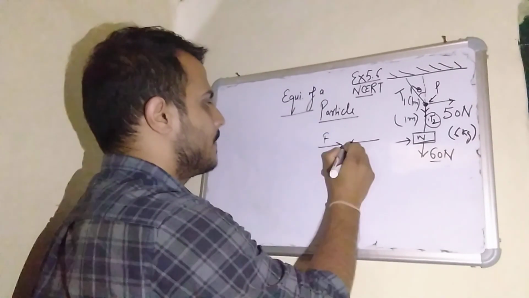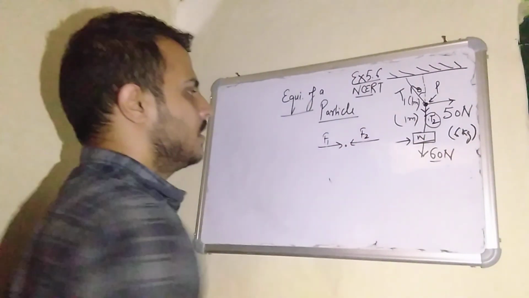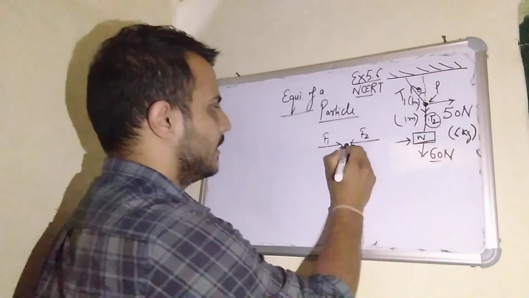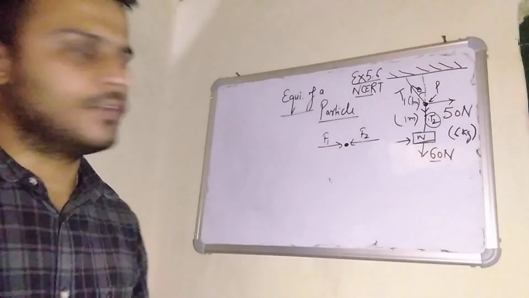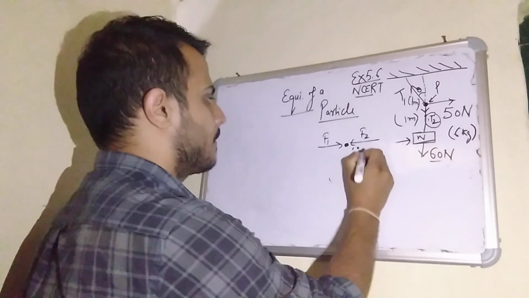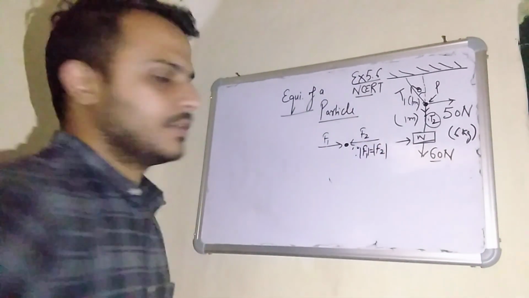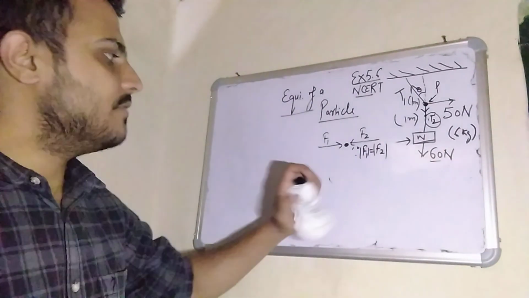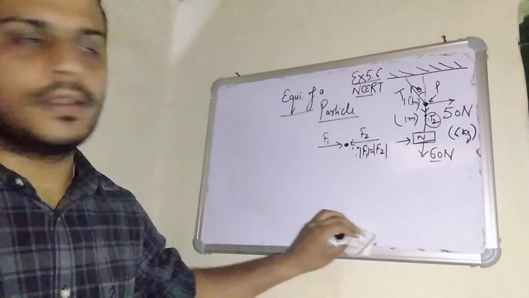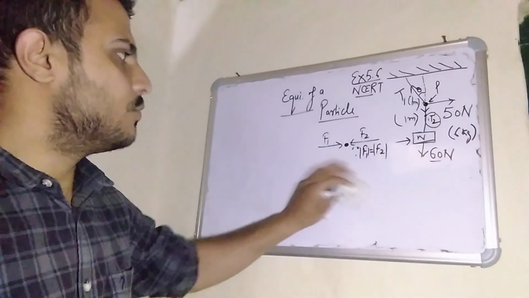One is F1 and the other is F2. They both are acting on this particle. Now this particle is in equilibrium because F1 is equal to F2 in magnitude. But now if three forces are acting on this particle, what type of situation do you have here?